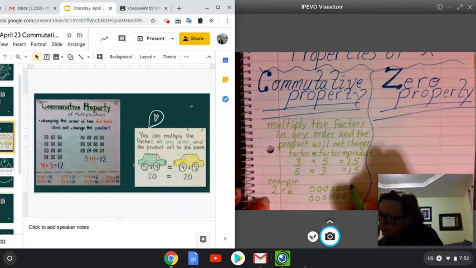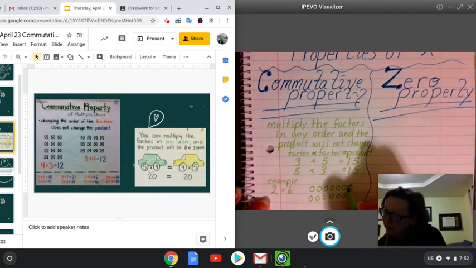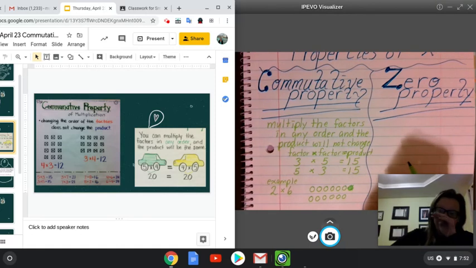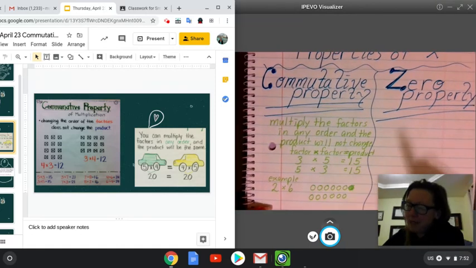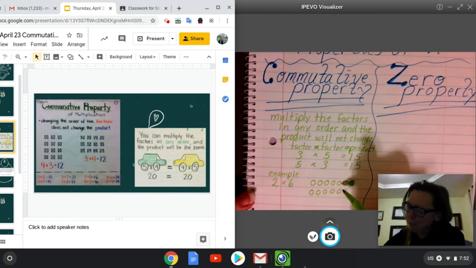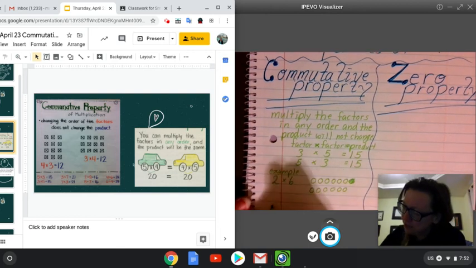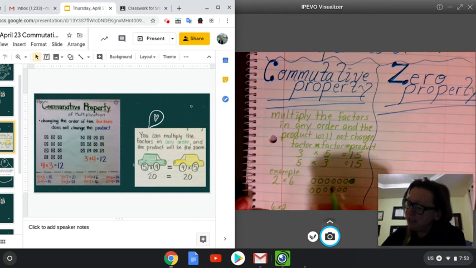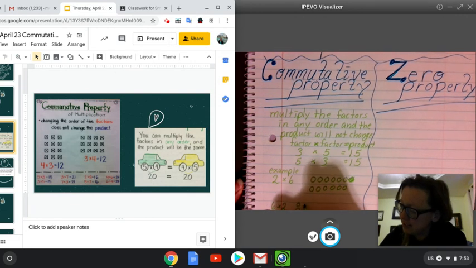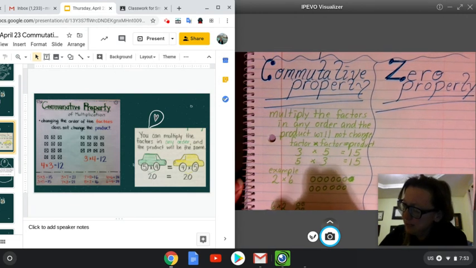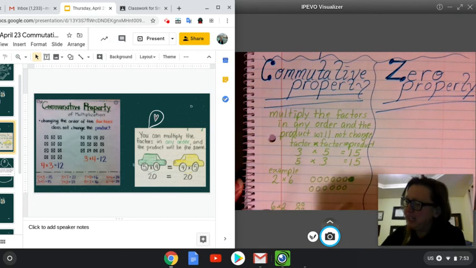Oh, I made 7 here. See, boys and girls, that's why we have to check ourselves. So 2 times 6, this array will give me the same answer as if I were to do 6 rows of 2. 1, 2, 3, 4, 5, 6 rows, and there are 2 in each row.